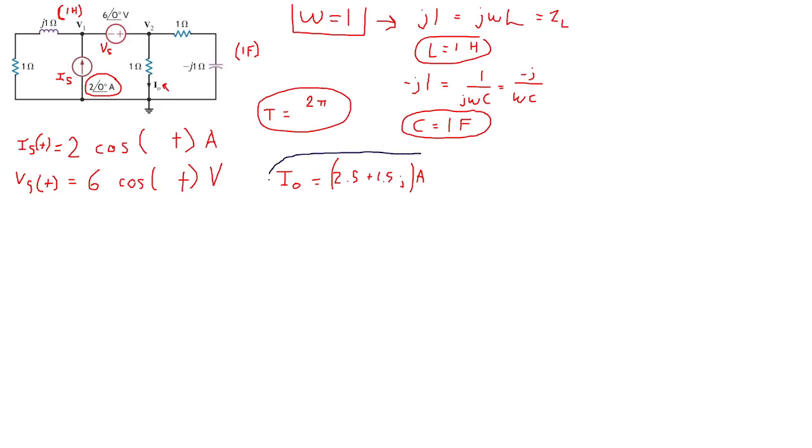And then we wrote that in phasor form. What was it? It was like 2.91 angle of minus 30.9. The solution is 2.915 and minus 30.964.